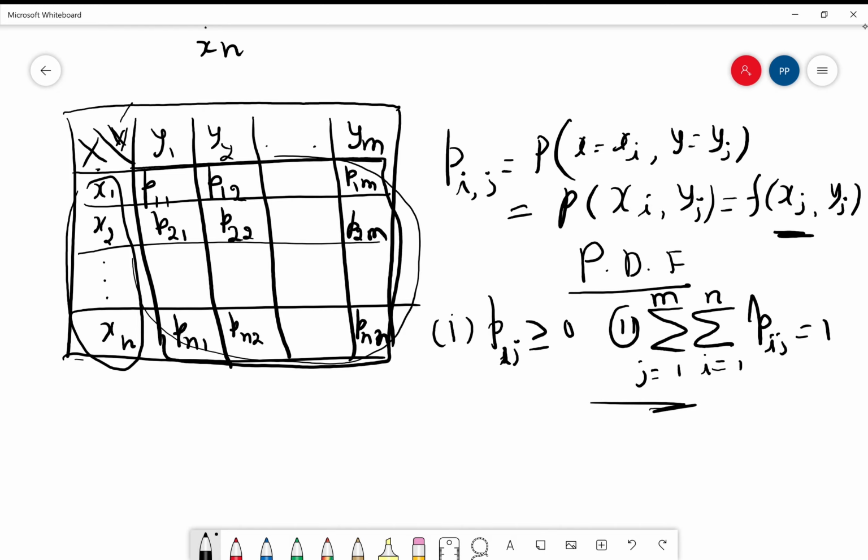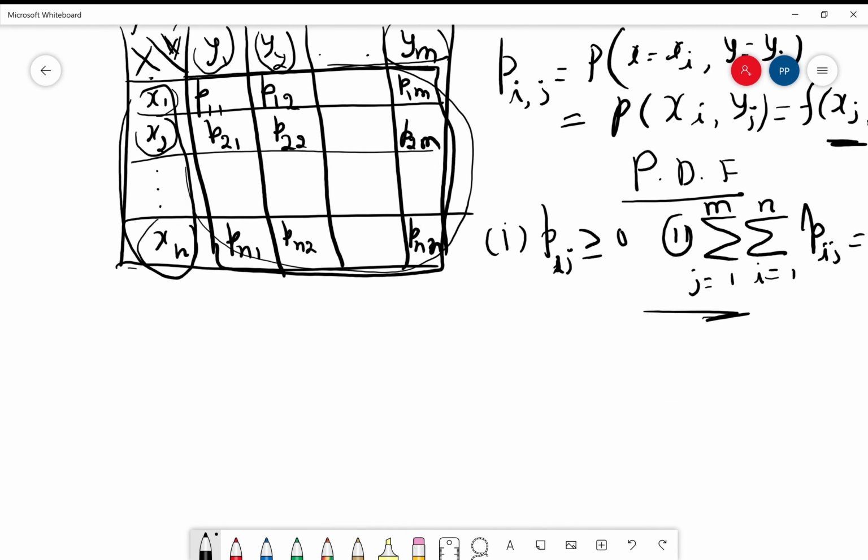So if we find P of x1, P of x2, up to P of xn, then taking those probability values along with the values x1, x2, up to xn, you get the probability distribution of the variable x. Similarly, along with the values y1, y2, up to ym, we have to find the probability of y1, probability of y2, up to probability of ym. If you take those two sets of values, you get the probability distribution of y. It is easy to get those marginal distributions.